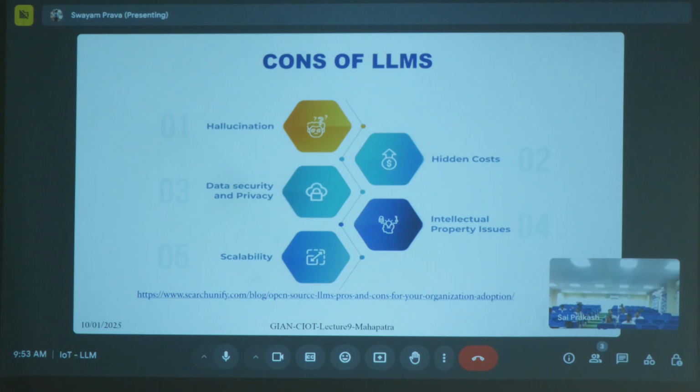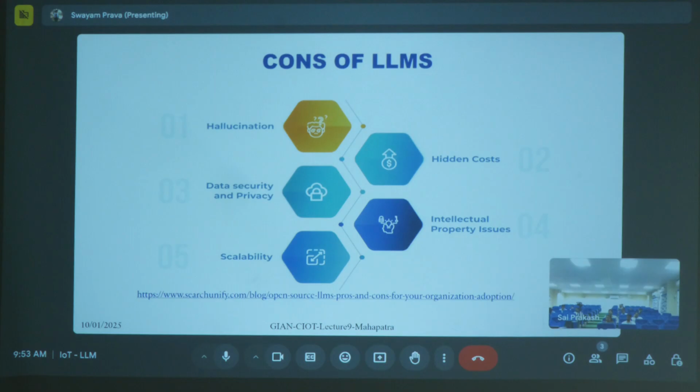So this reduces our trust actually in the LLM outputs. And then especially in critical fields like healthcare or finance, where it could lead to poor decision making. I mean, take an example, say a chatbot is falsely claiming that a product has certain features which actually doesn't exist, leaving users confused.